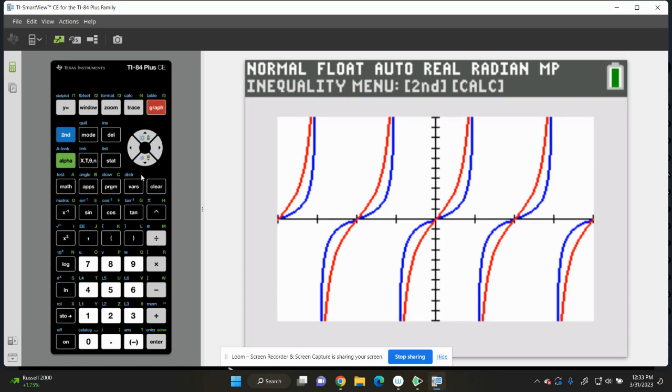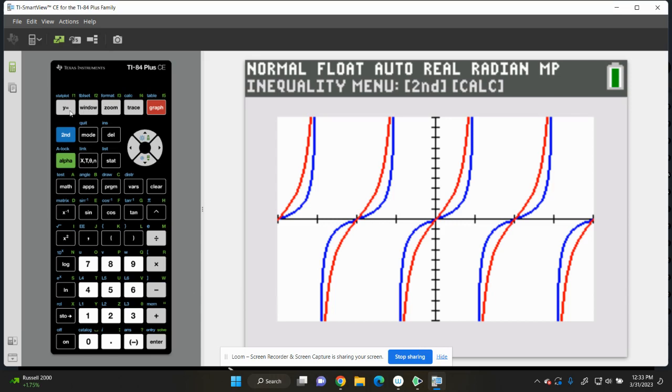So it's taking that blue curve, the blue one that's tangent x, and it's just stretching it, right? Just imagine grabbing it up here at the top, grabbing it at the bottom, and then just pulling it apart. So when we do that, the curve becomes less obvious, less severe.